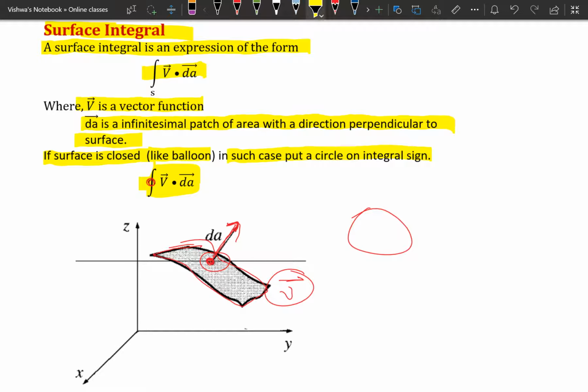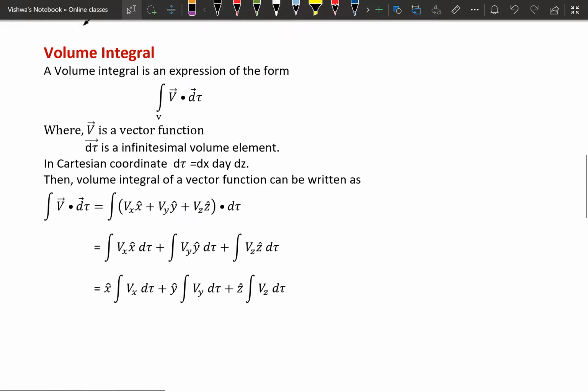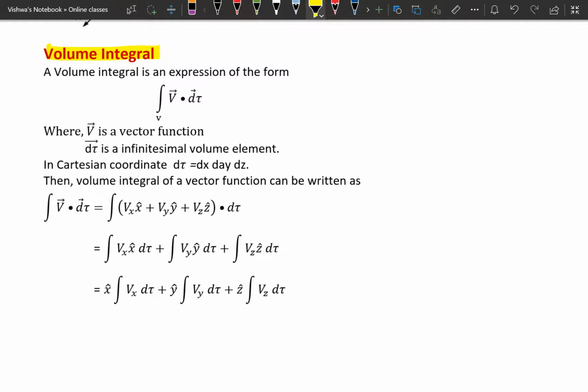Next one is the volume integral. A volume integral is an expression of the form integral of v d tau. This is tau, the Greek letter tau. Again here v is a vector function, and d tau is an infinitesimal volume element. What is the volume? Volume is calculated by the multiplication of breadth, height and length.